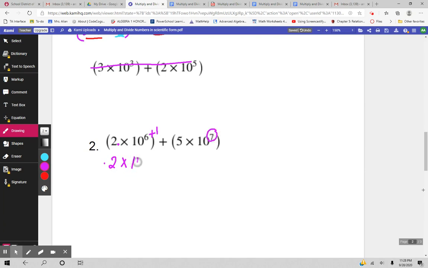So 10 to the 7th power. I made this bigger by a power of 10, so I've got to make this smaller by a power of 10 to keep things balanced. So I'll put a 0 right here. That's the same number, but in a different form.